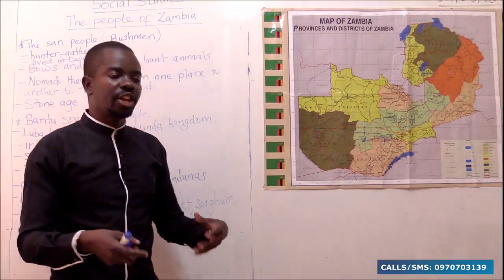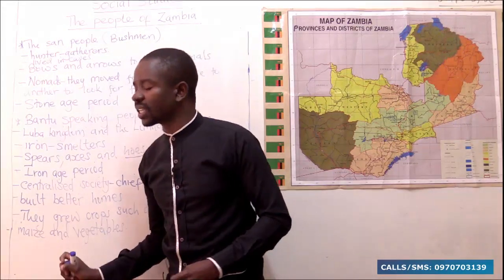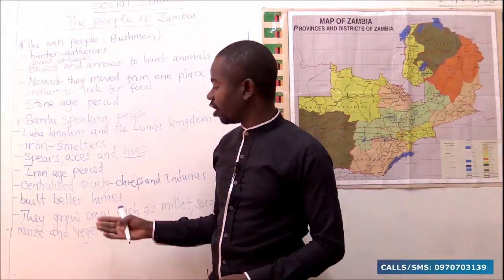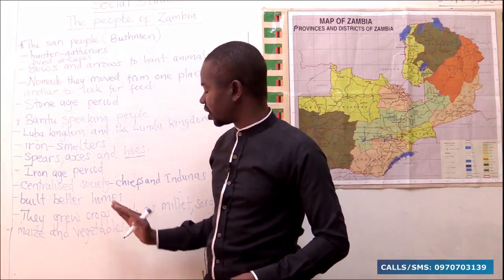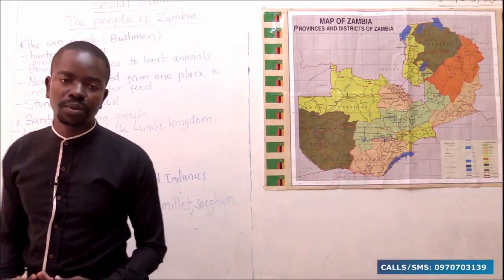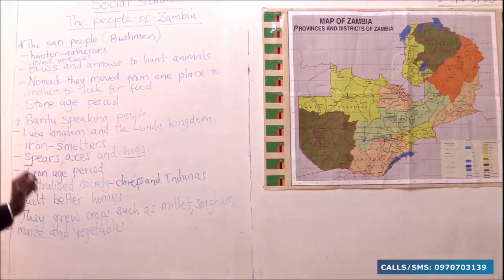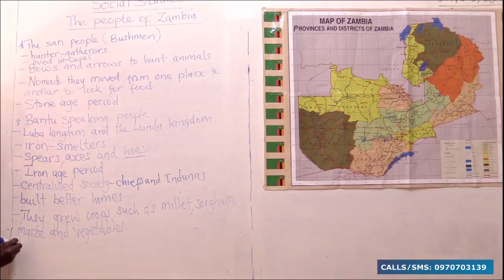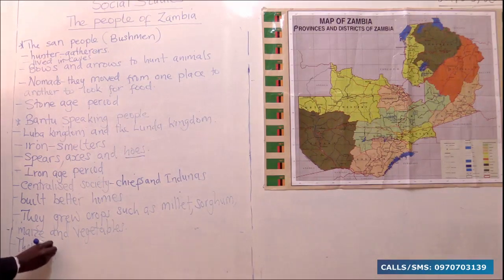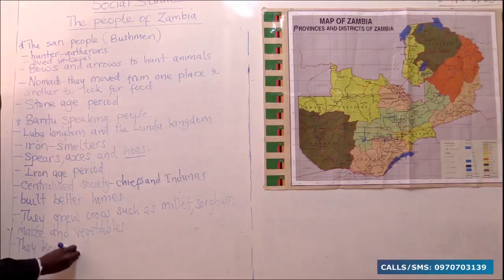These were the crops that they ate to sustain themselves and their families. Okay, so you must also understand that the Bantu-speaking people kept animals.